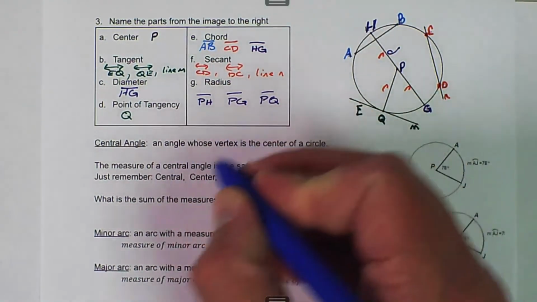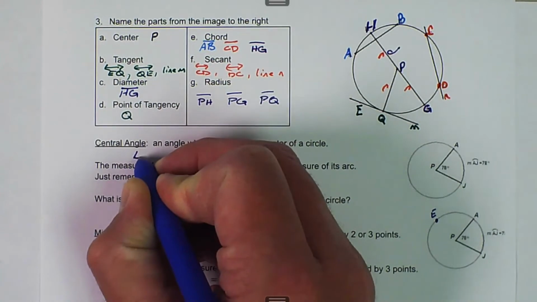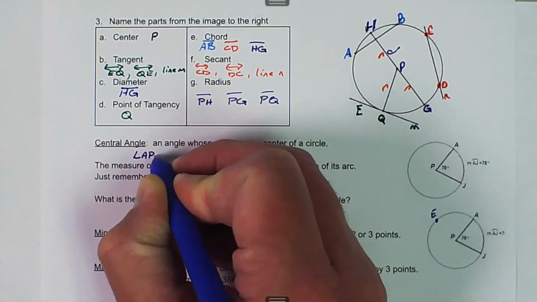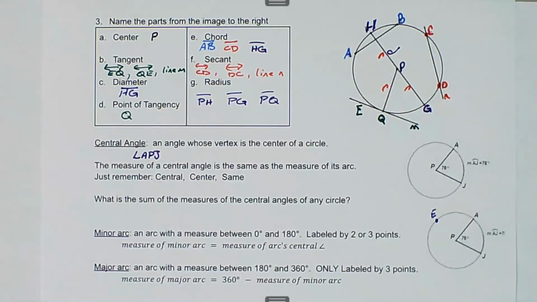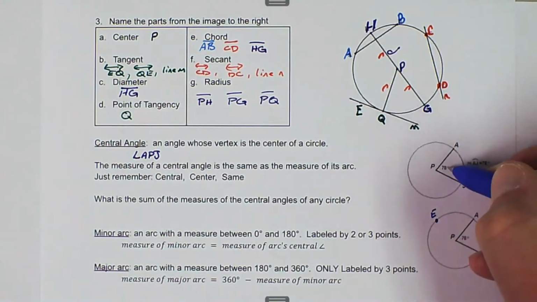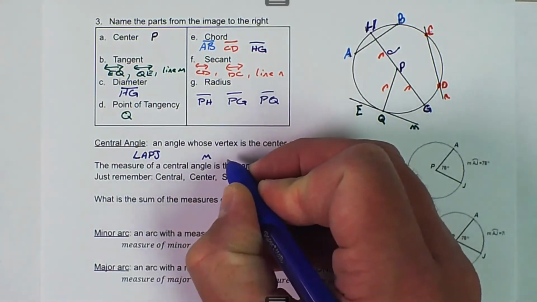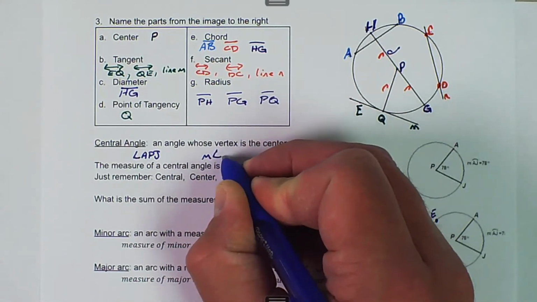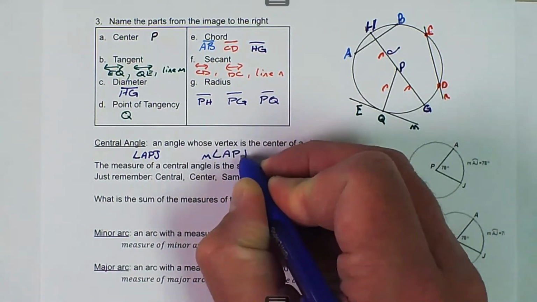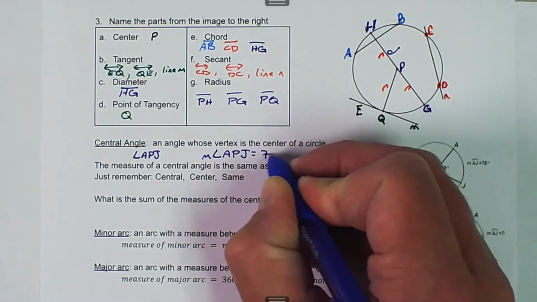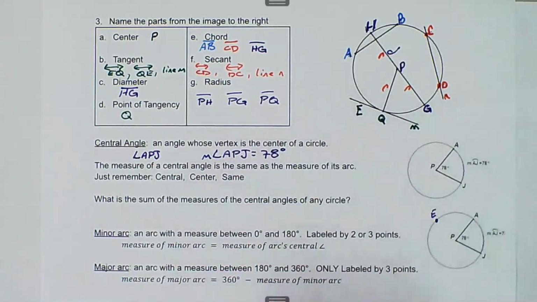So that's going to be the central angle over there, it is going to be called angle APJ. Now we could also say, because it's right there, it is 78 degrees, it says the measure of angle APJ is equal to 78 degrees.